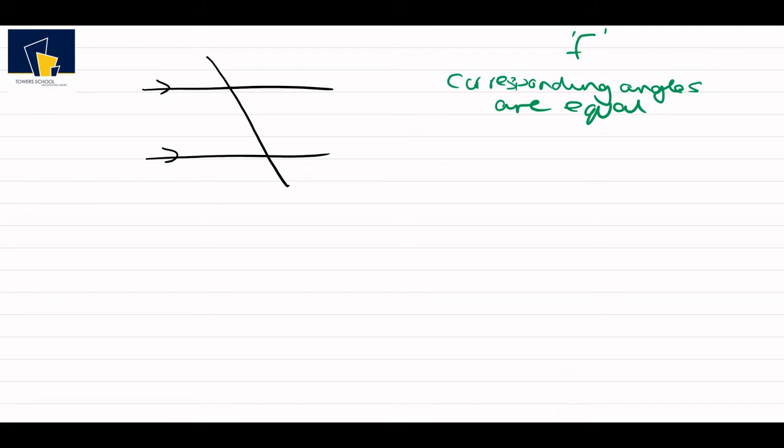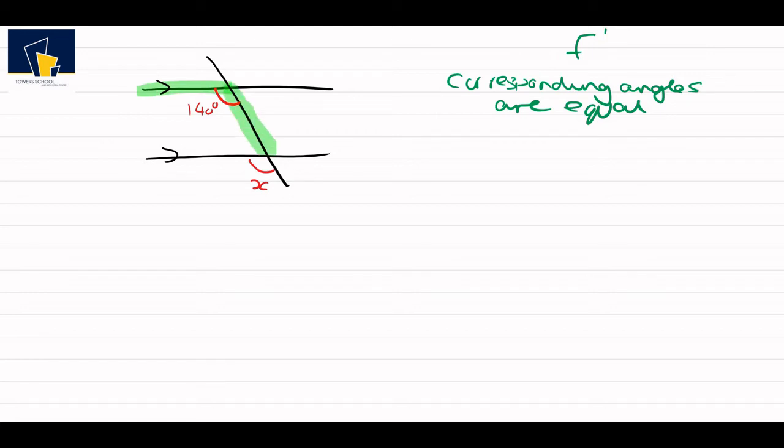Let's say we're given this angle here, and we need to find this angle here. Let's say this is 140 degrees, and we need to find x. I know it's an F shape because if I highlight the lines that create these two angles, this 140 degrees is created with this line here and that line there.